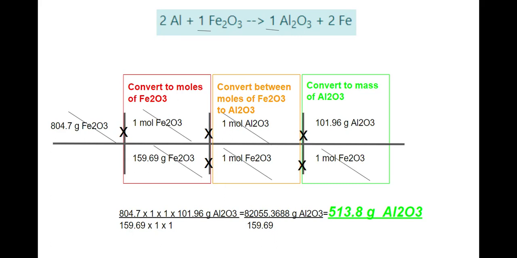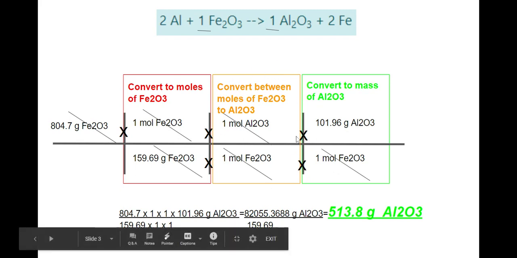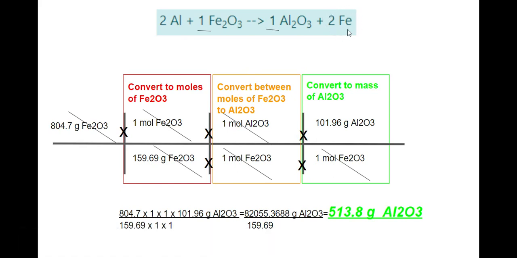Again, this is just one specific example. If it had asked for just moles of Al2O3, we would have been able to stop right here. If it had asked for the mass of iron, we would have 2 moles of Fe, and then we would need 1 mole of iron, Fe here, and then the molar mass of iron right here.